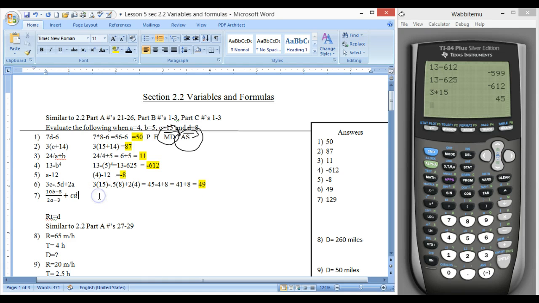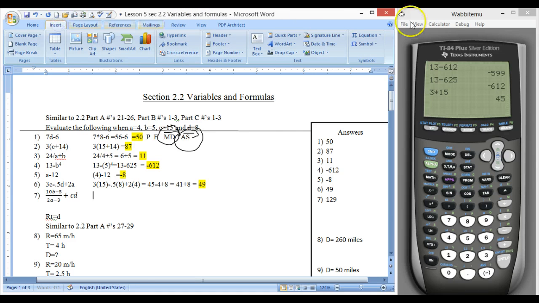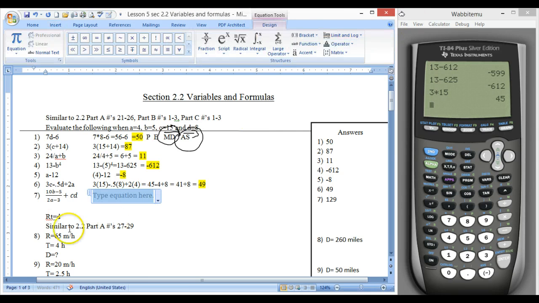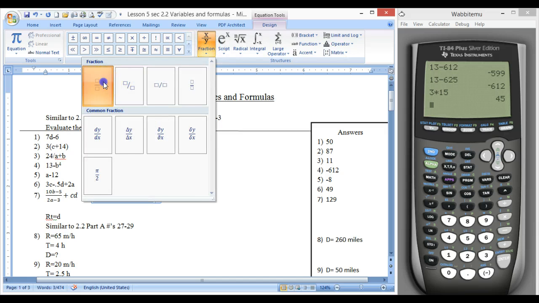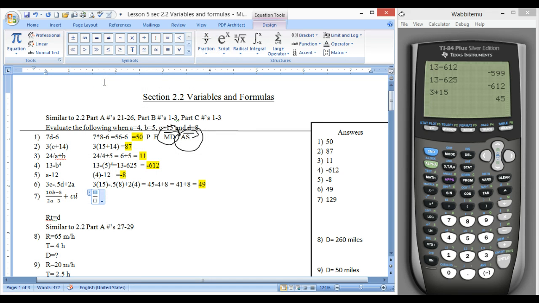This one, I'm going to go ahead and insert an equation just because it looks nice to have that as a fraction. So I'm going to bring in my fraction tool. Inserting my fraction, I have 10 on the top. Nothing's between the 10 and the b, so it's multiplying. And I'm going to replace b with 5.